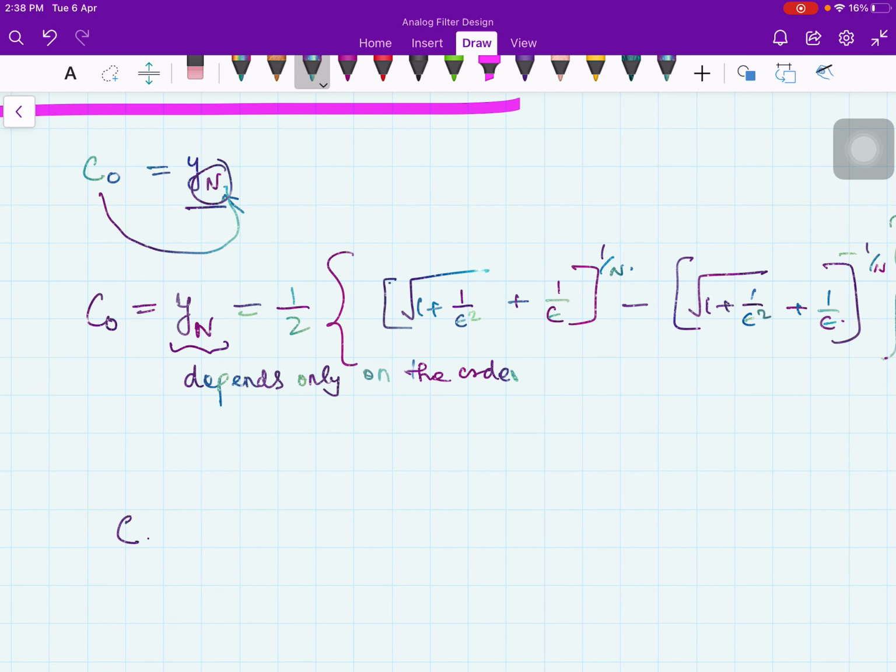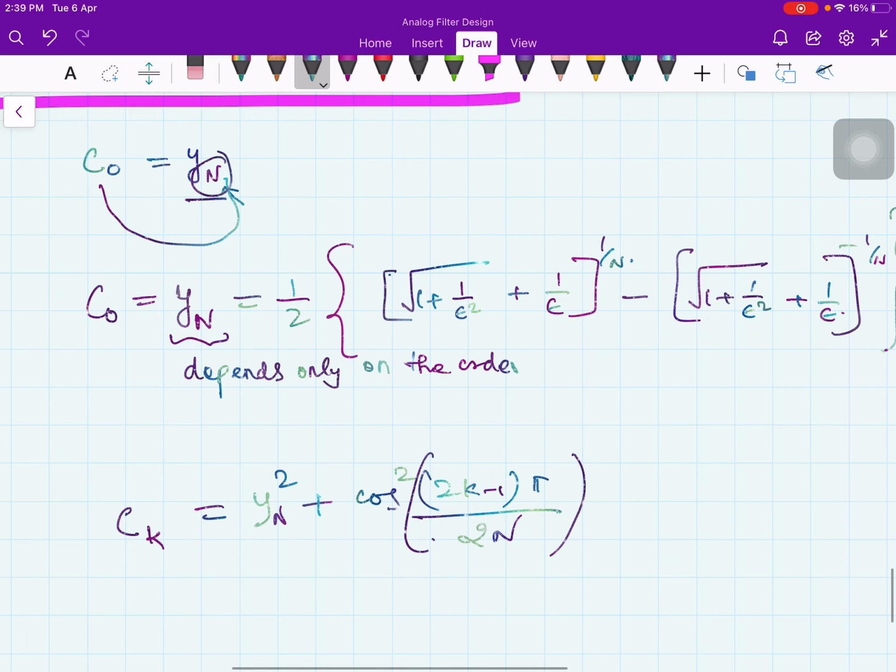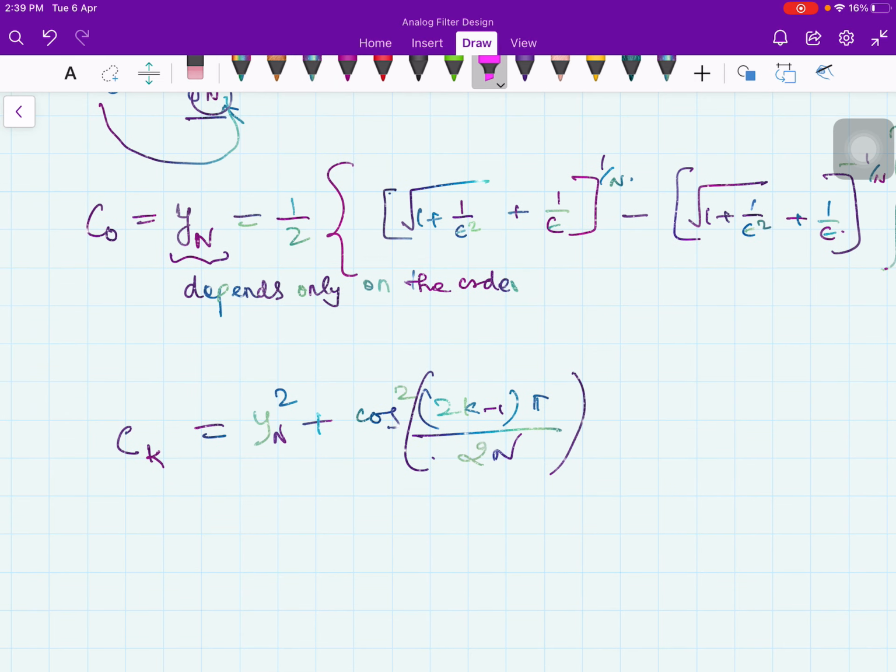Now the next coefficient c_k is given by y_N squared plus cosine squared of (2k minus 1) pi by 2n. If you remember, this angle (2k minus 1) times pi by 2n is familiar, right?